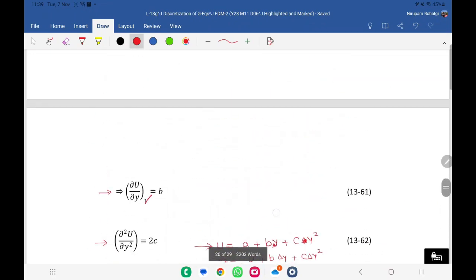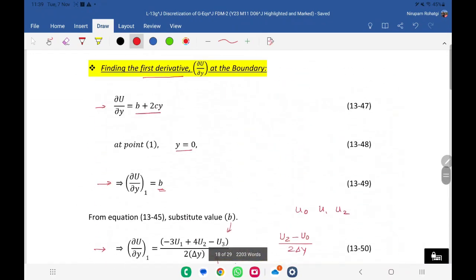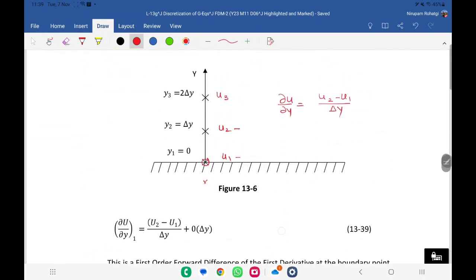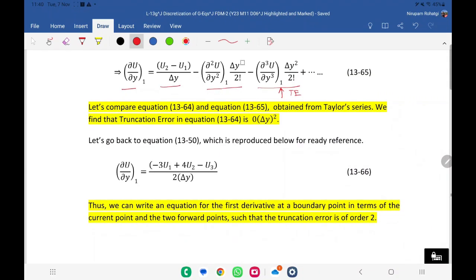We can go back. u2 is this, u3 is this. So this is your derivative, right, which we have got already. Thus let's compare this equation with this. So we have found that if we compare this, the truncation error is order of 2.